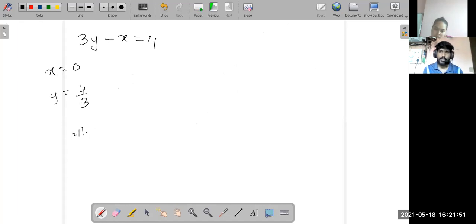So this was 4 upon 3, 1.3. Next is also correct. When you put y as 0, you got x as -4. This is also correct.